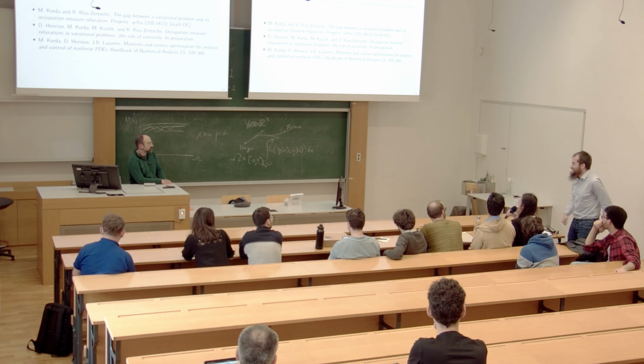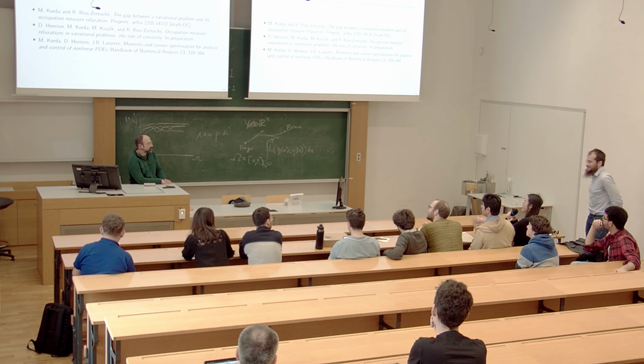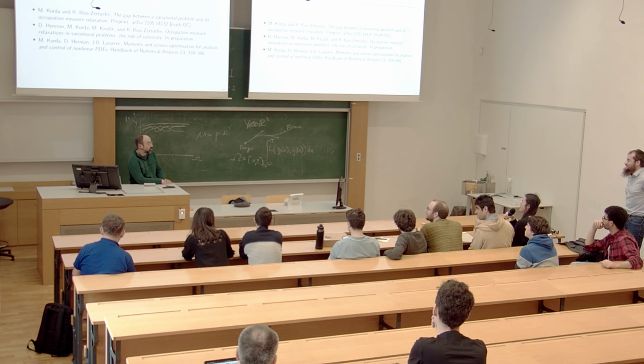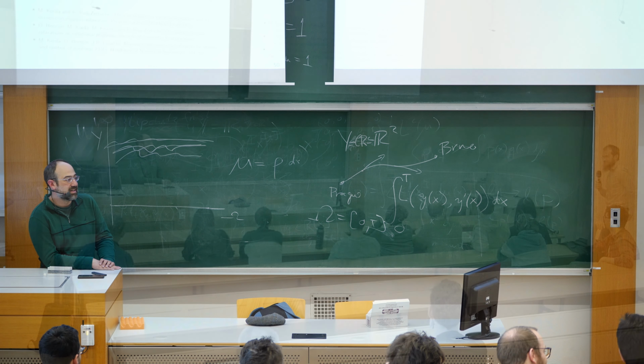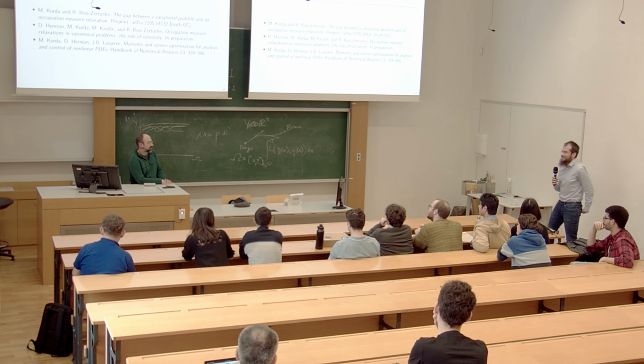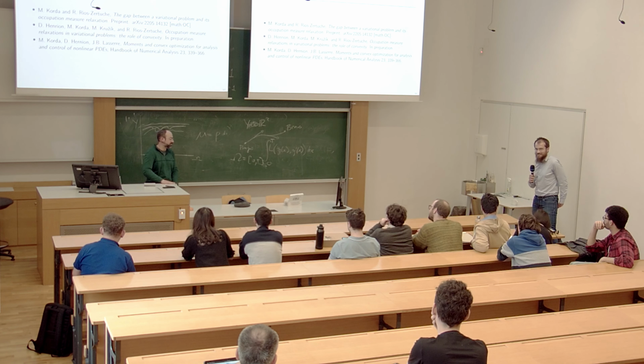I don't remember exactly, but the idea is, do we have an estimation of the gap? No, not in this case. I don't know about the case you're talking about, but no. It's a good question.